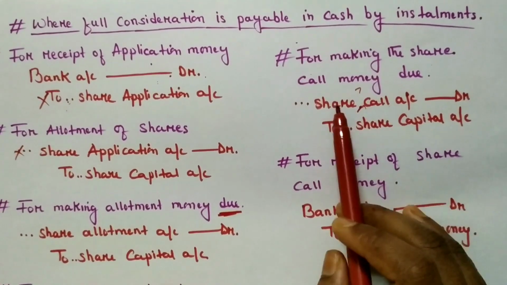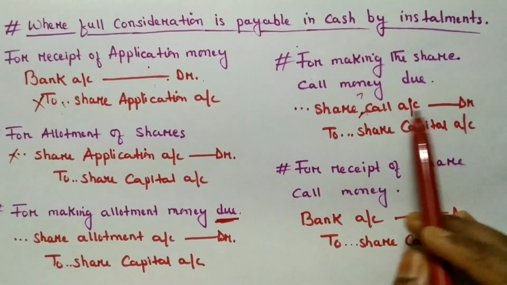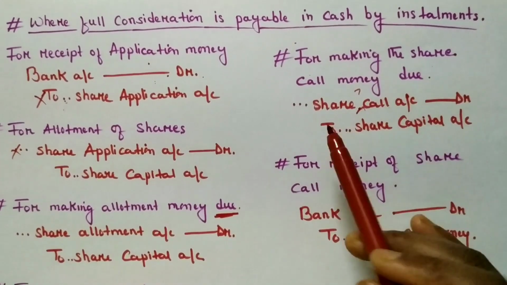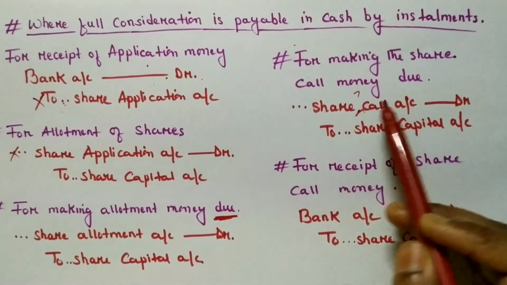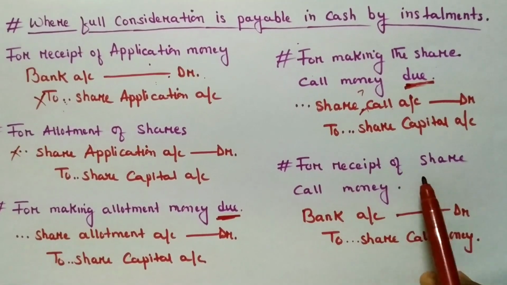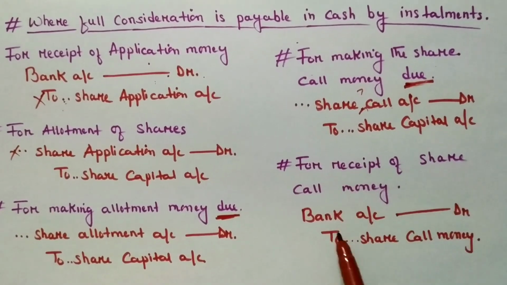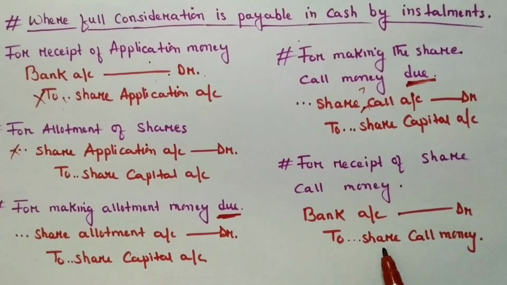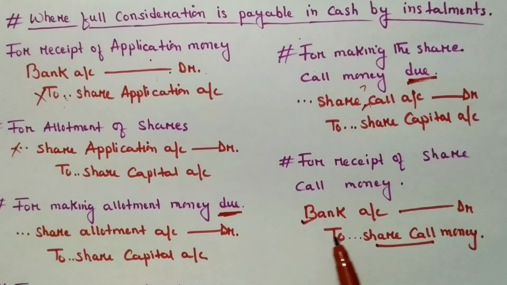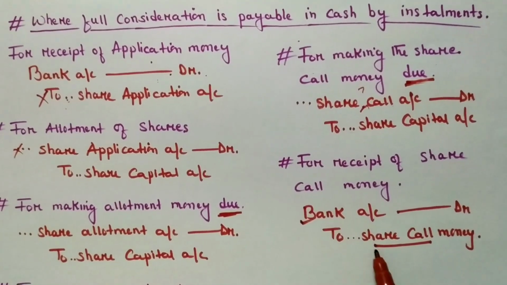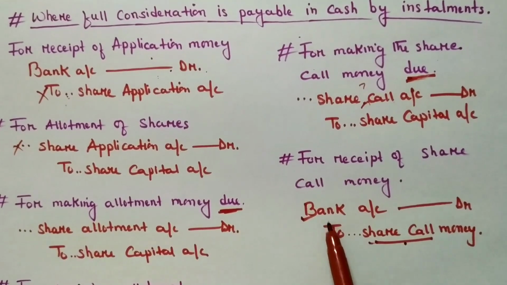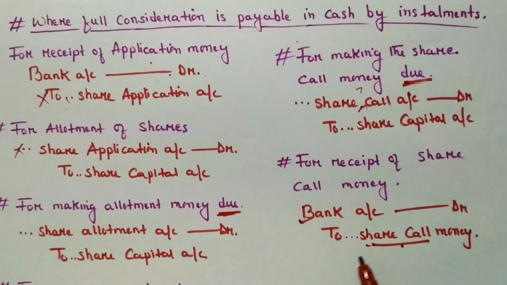Why debited? Because the company calls the shareholders to give the amount due. Then after the receipt of share call money, bank account is debited and share call account is credited, because the money so received by the bank is against share call money. That is why bank is debited and share call account is credited.